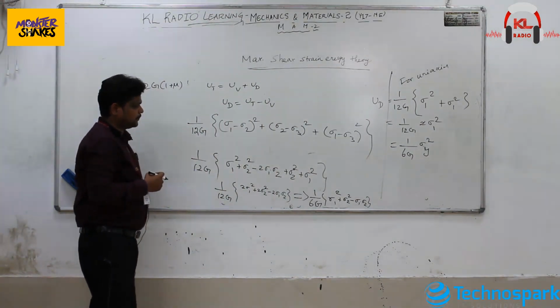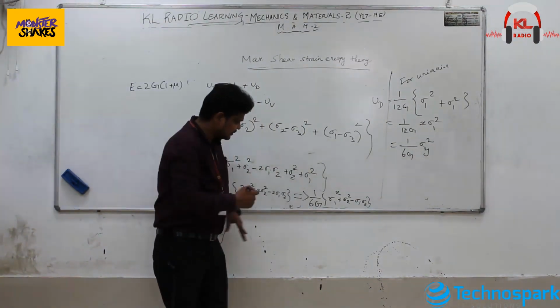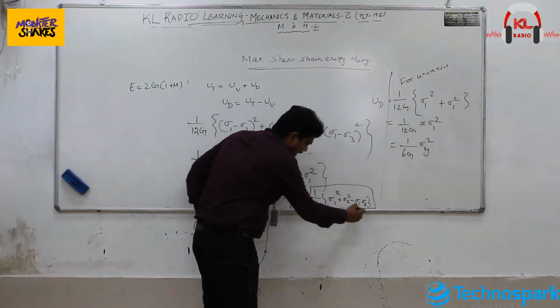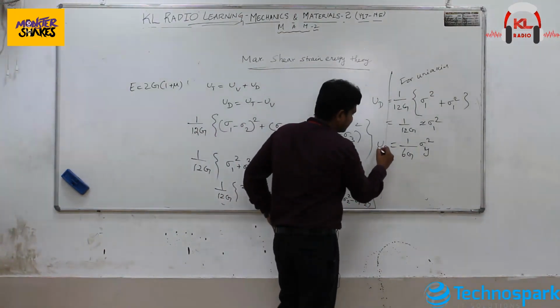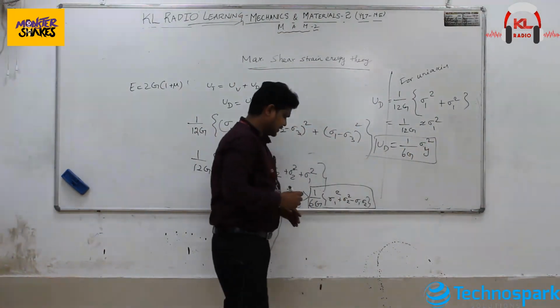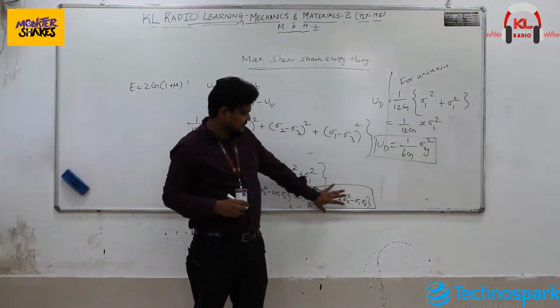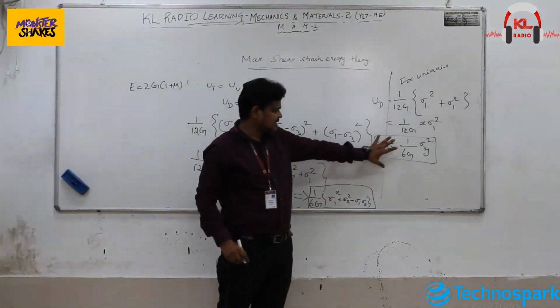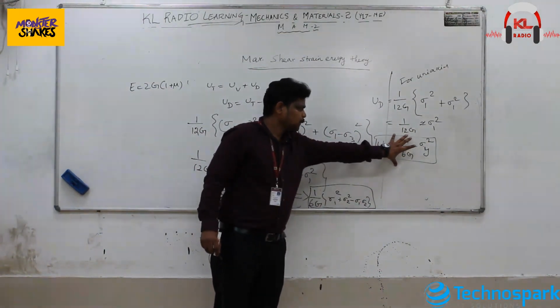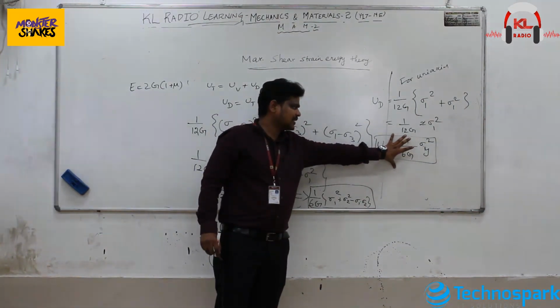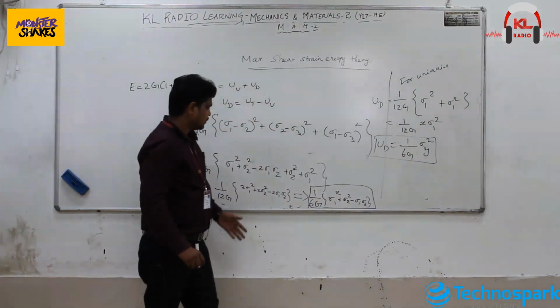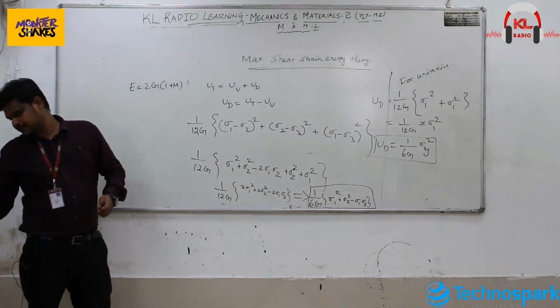So this is the distortion energy for biaxial and this is the distortion energy for uniaxial, and the theory says this should always be less than the distortion energy occurring in the uniaxial condition. Now I'll put that in equation form.